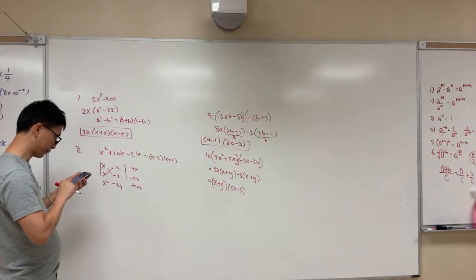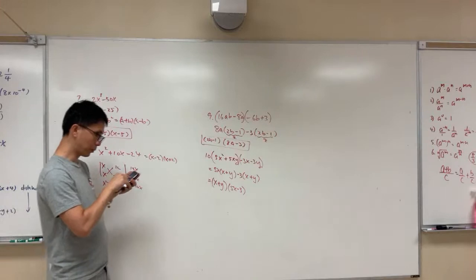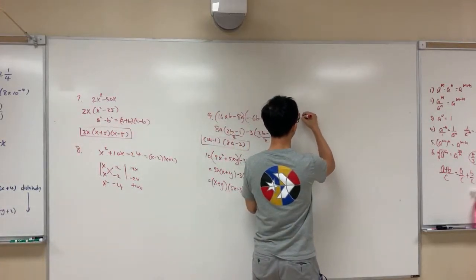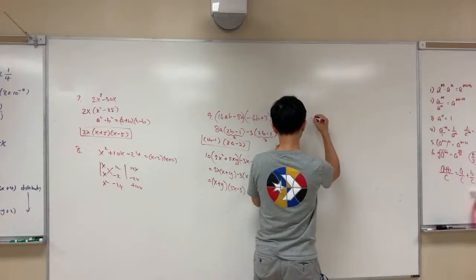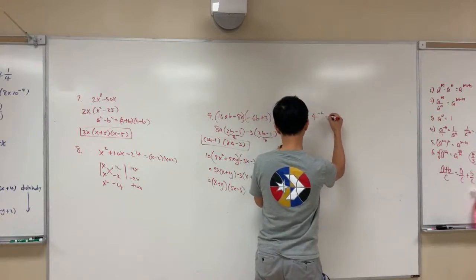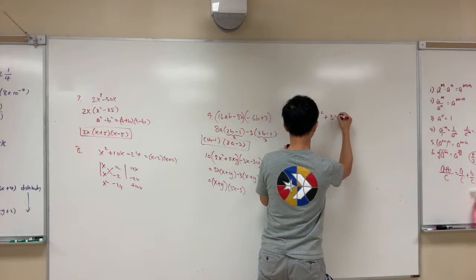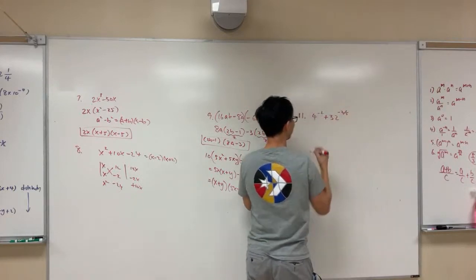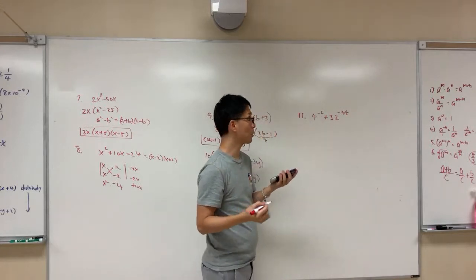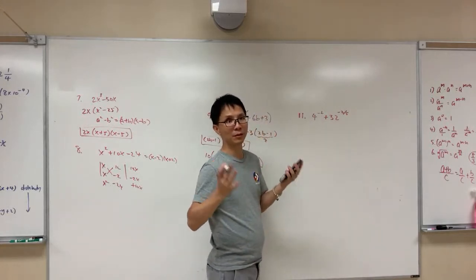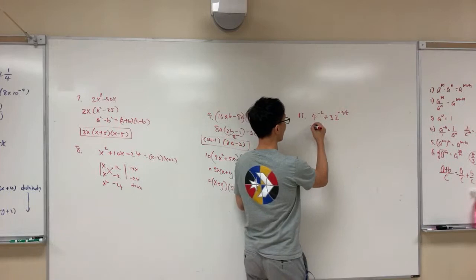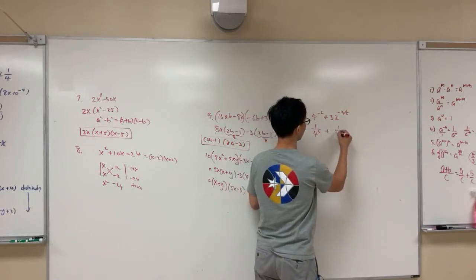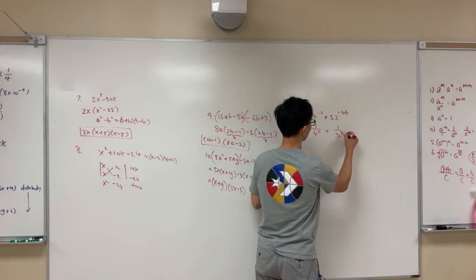Okay. I'm going to go to question 11. Now, this is one question that a lot of people, hopefully not, will miss. They miss it a lot on the quiz. So 4 to the negative 2 plus 32 to the negative 2 over 5. Negative exponent, please do the negative exponent rule first. So that's equal to 1 over 4 squared plus 1 over 32 to the 2 over 5.